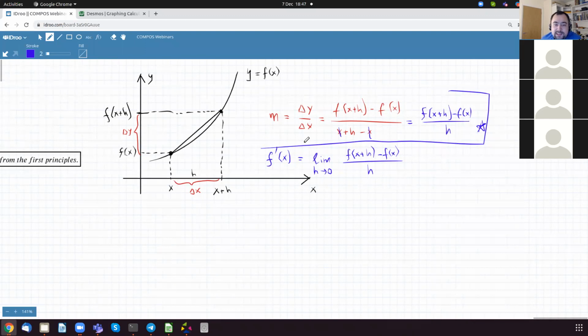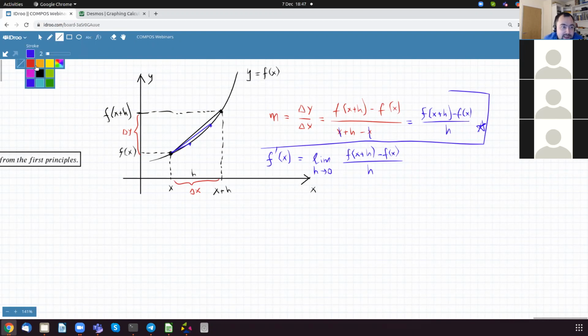So what does it mean that the limit as h tends to 0? Well, we make h smaller. That means the line becomes like this. If we make h smaller, it becomes like this. Then we make it smaller yet, and smaller and smaller. And at some point, the line becomes the tangent.